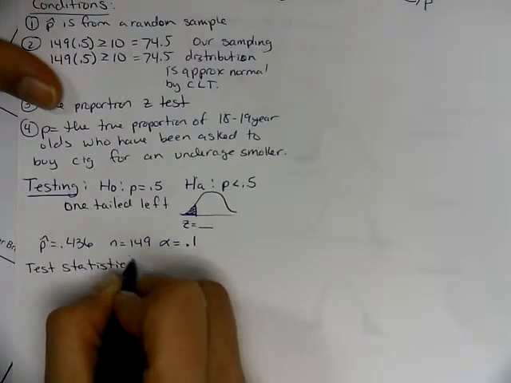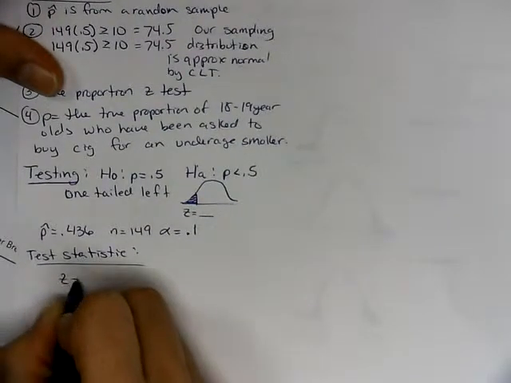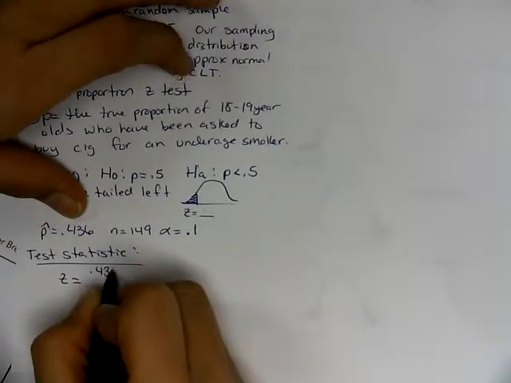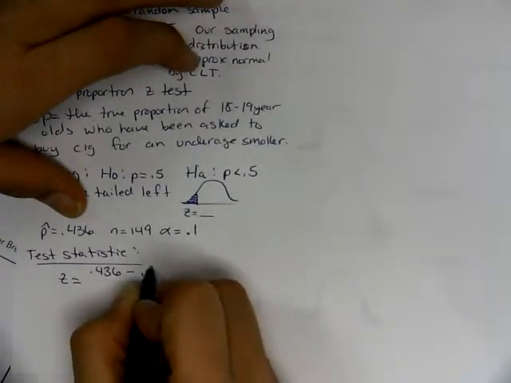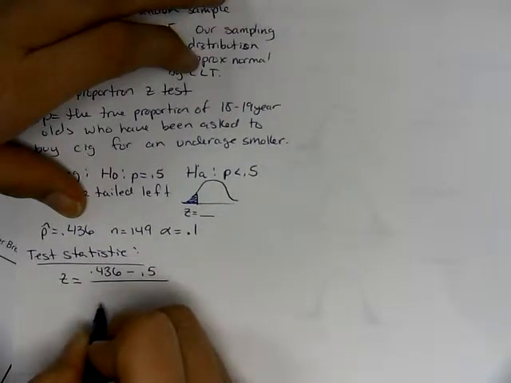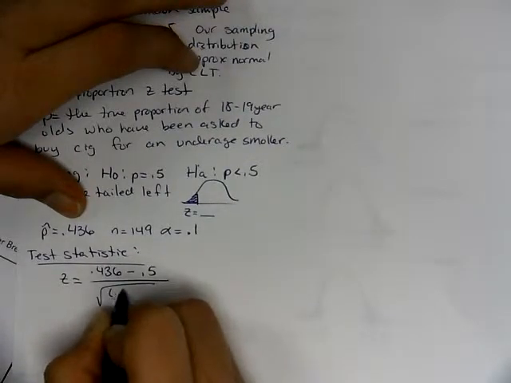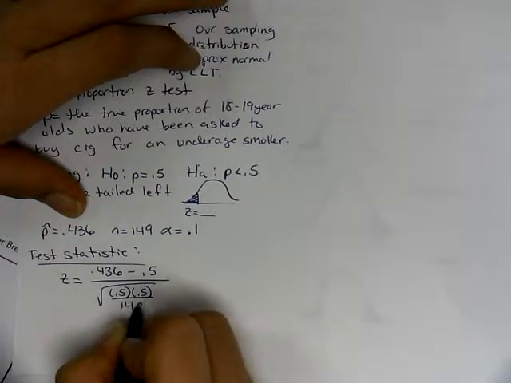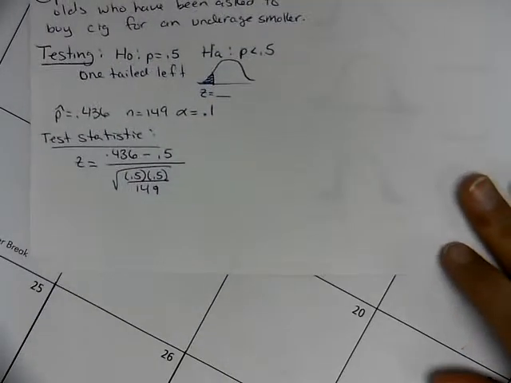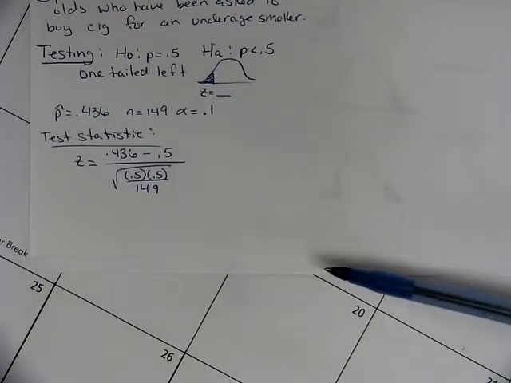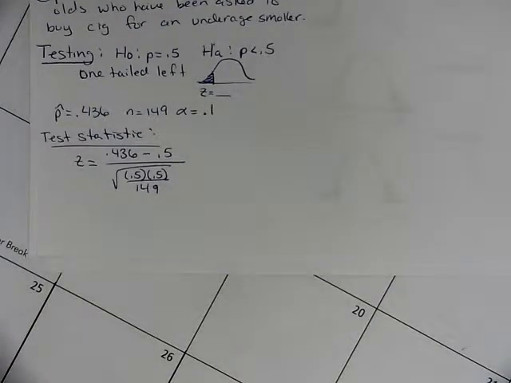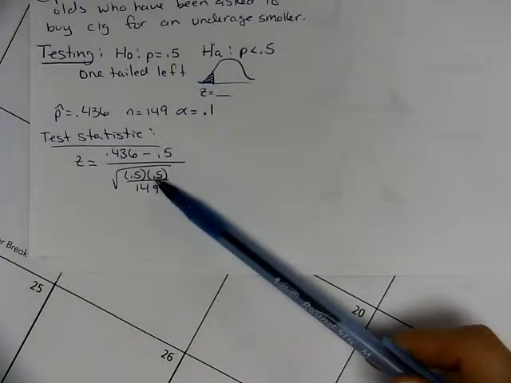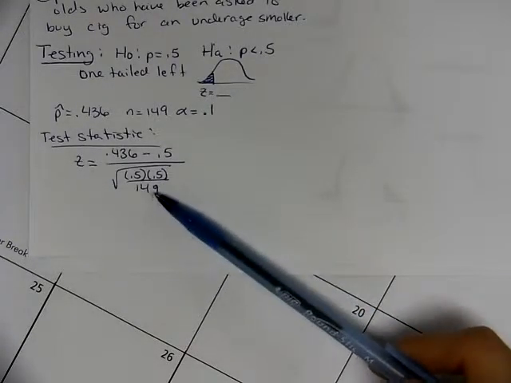Okay, so then you do your test statistic. So we got z equals p hat, 0.436, minus p, 0.5, divided by the square root of 0.5 times 0.5 divided by 149. This is the other thing people always screw up, is they use that 0.436 in the standard deviation.